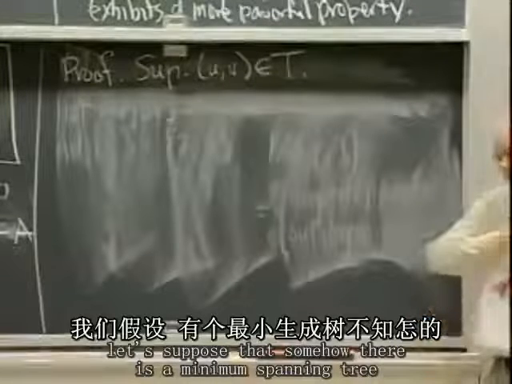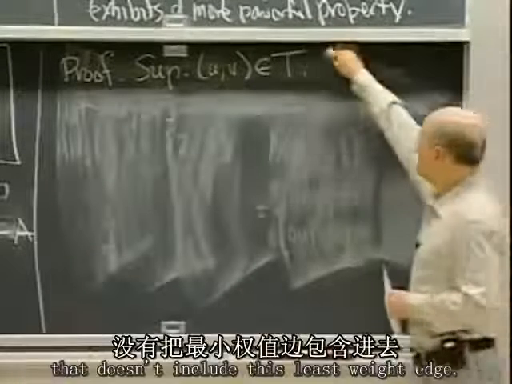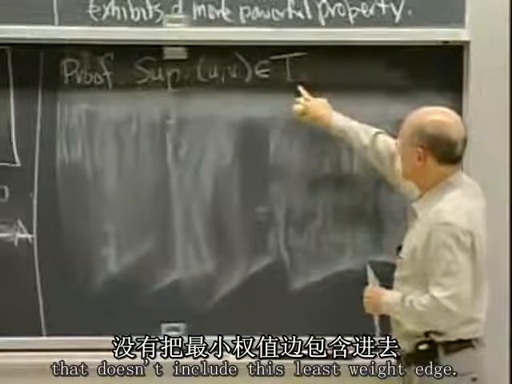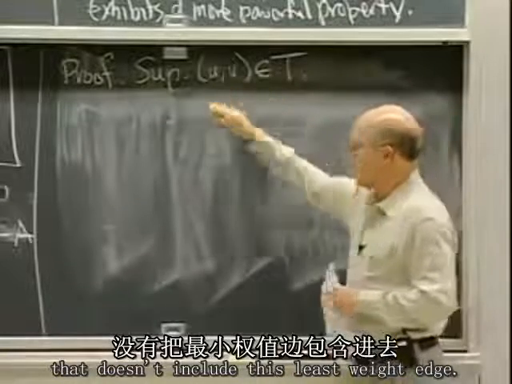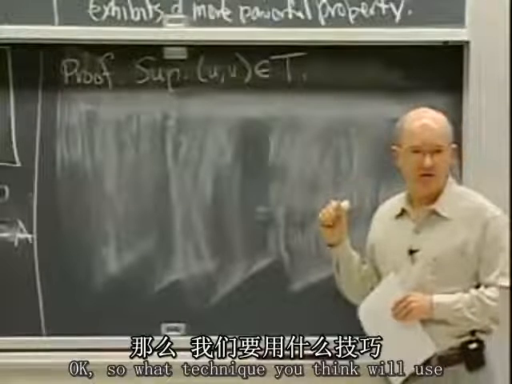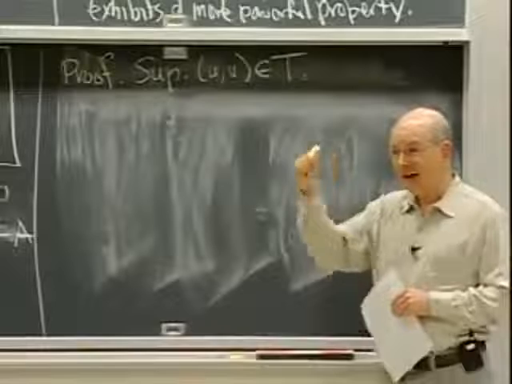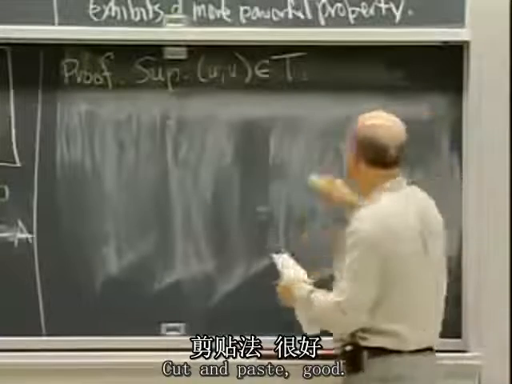Let's suppose that somehow there's a minimum spanning tree that doesn't include this least weight edge. So what technique do you think we'll use to get a contradiction here? Cut and paste. Good. Yeah, we're going to cut and paste.